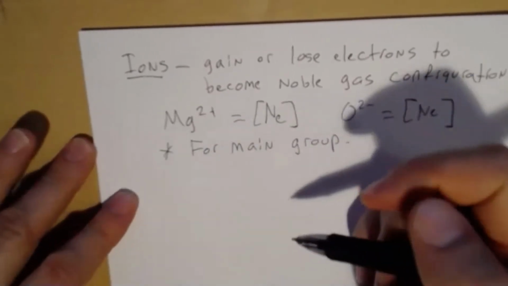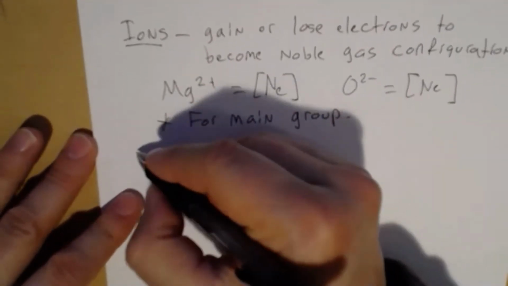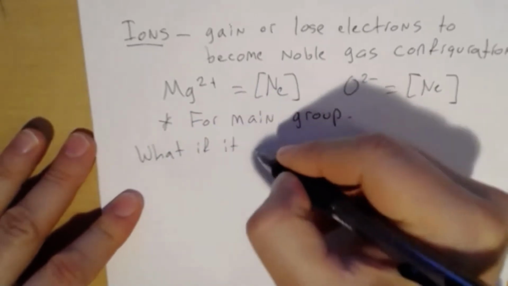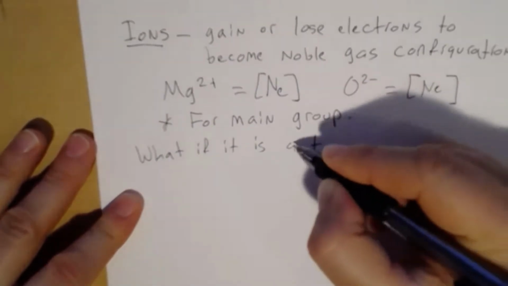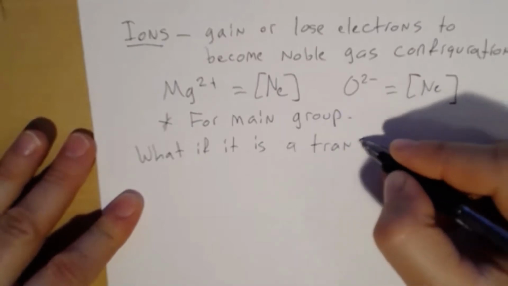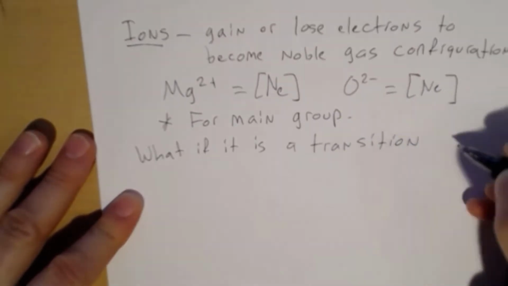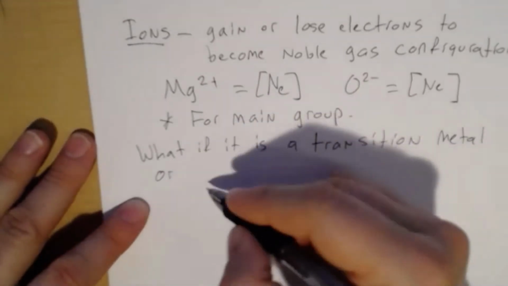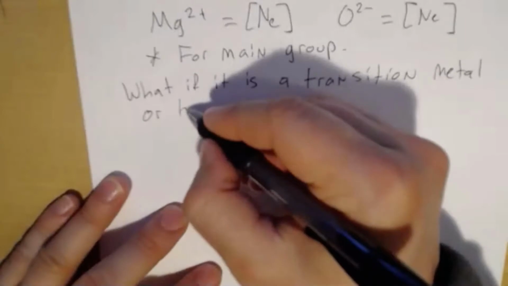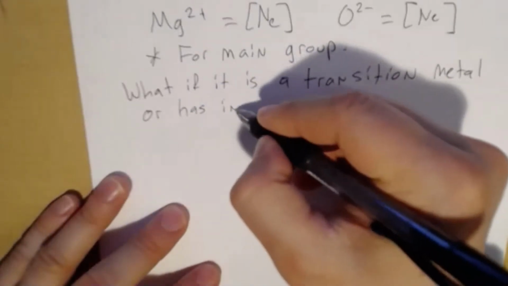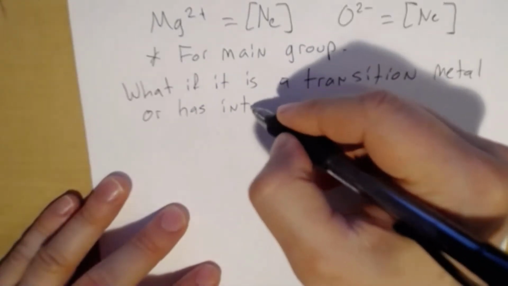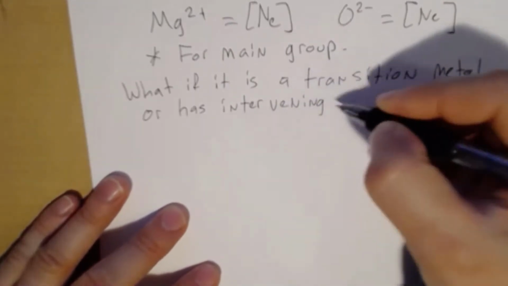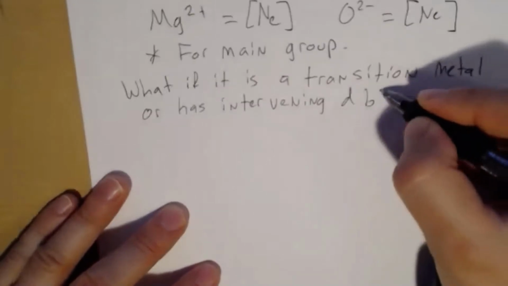So there's some other things here. So what if it is a transition metal or has an intervening D block?